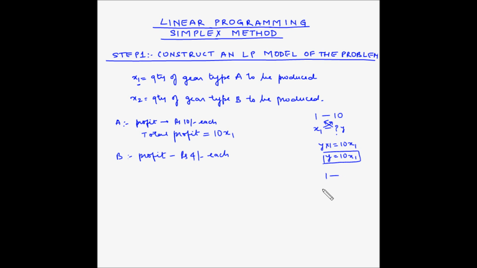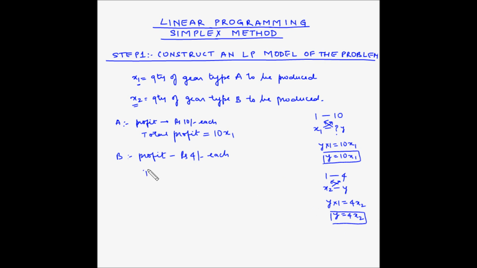For one number of gear type B, the profit is 4 rupees. So if the quantity is x2, then how much is the total profit? Again, cross multiplication. Y into 1 is equal to 4 times x2, or Y is equal to 4 times x2.